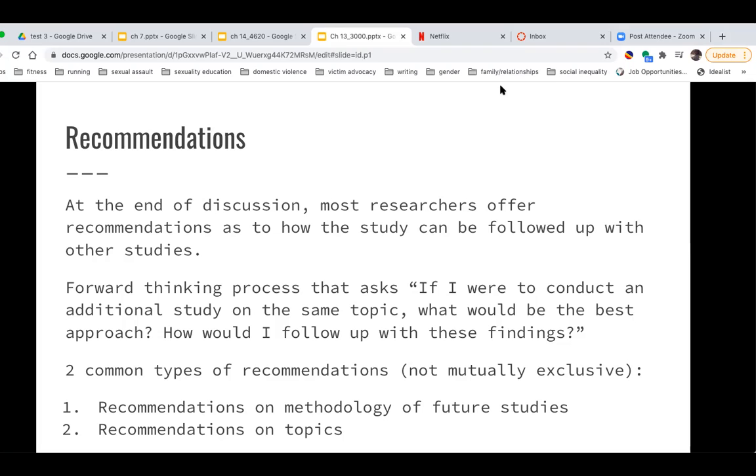So offering recommendations is really just how we keep this research model, this continuous flow of knowledge, going in science, right? It's the idea that we're learning from one another, and then we're building upon what other people have done in order to learn more.